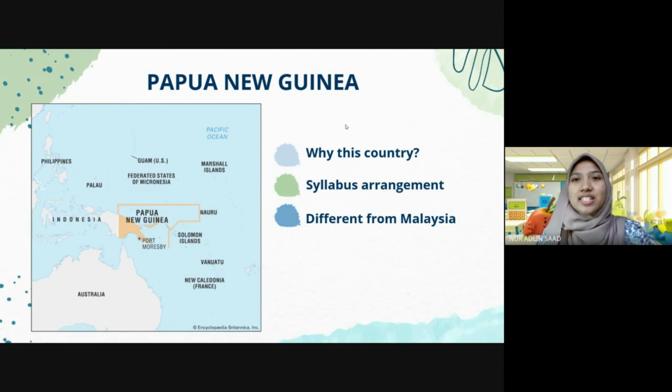Here, I want to prove that they also have their own specific education and learn what we are learning today. We will also look at the syllabus arrangement and what makes Papua New Guinea different from Malaysia in terms of curriculum and education.